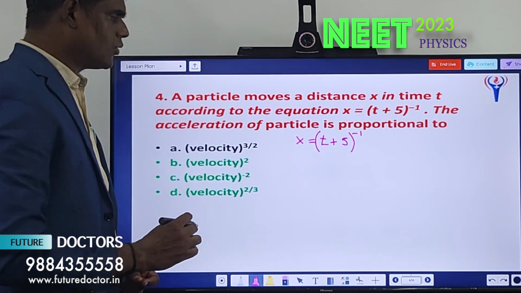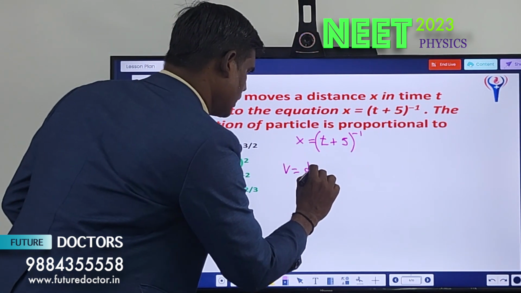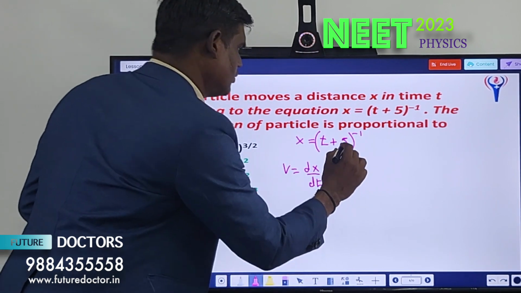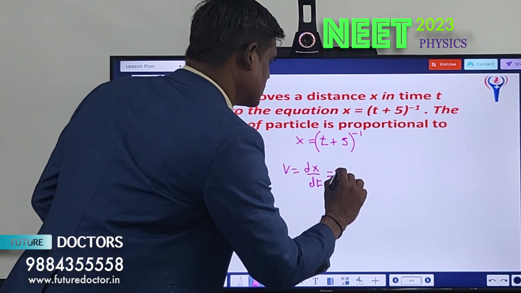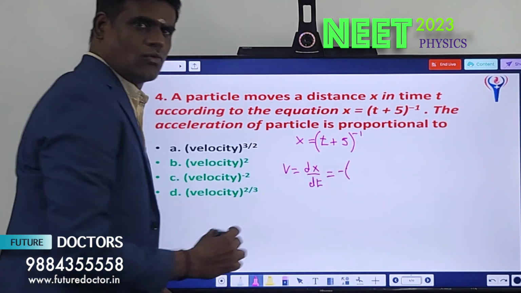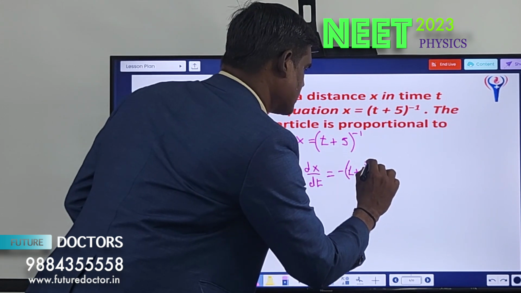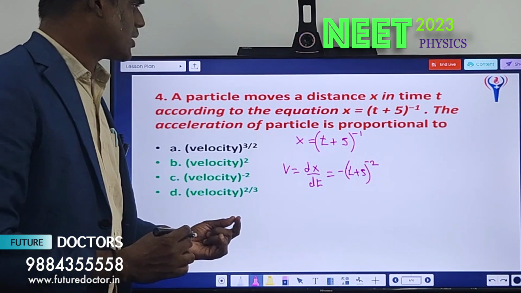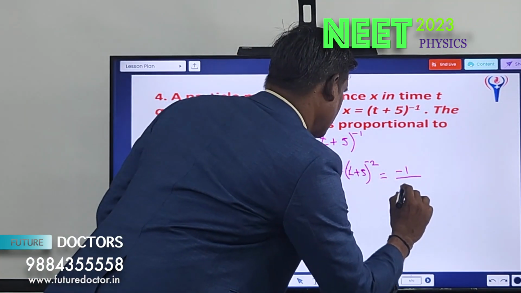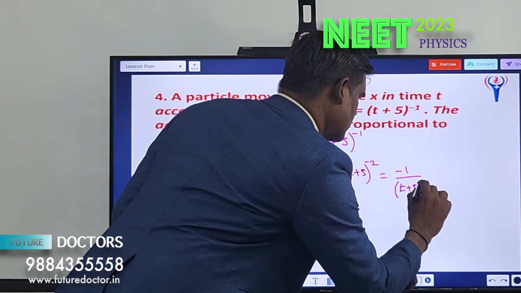Velocity is the rate of change of displacement, v equals dx by dt. If you differentiate this, you get minus 1 into (t plus 5) whole power minus 2, which is nothing but minus 1 divided by (t plus 5) whole power 2.